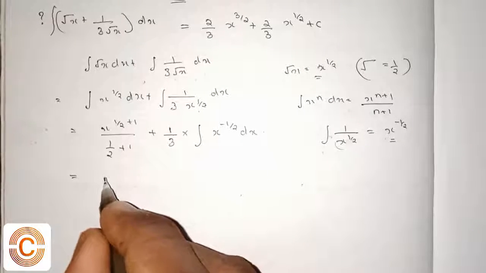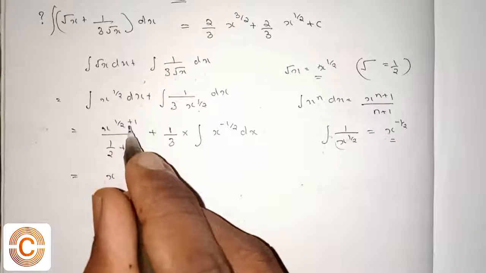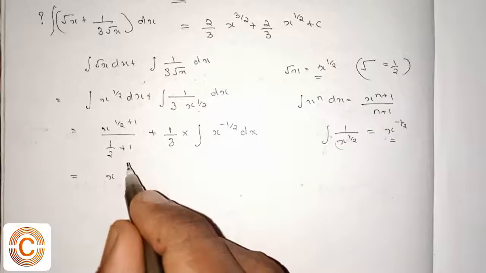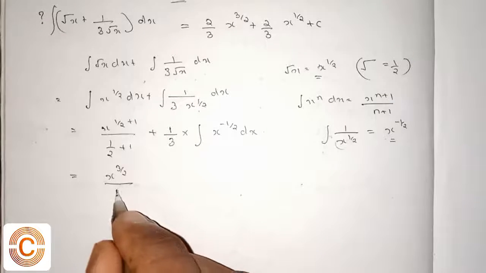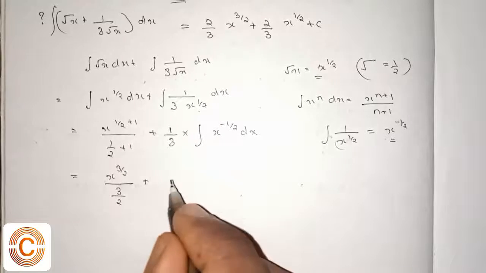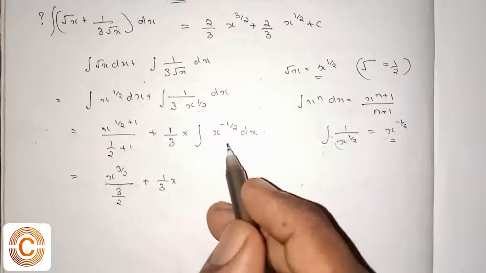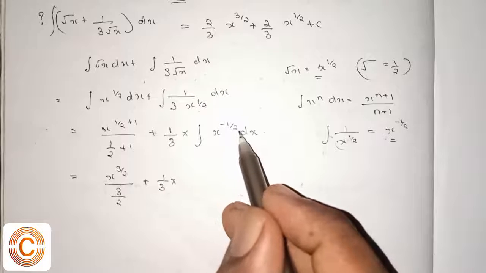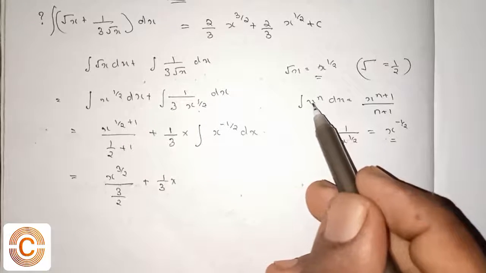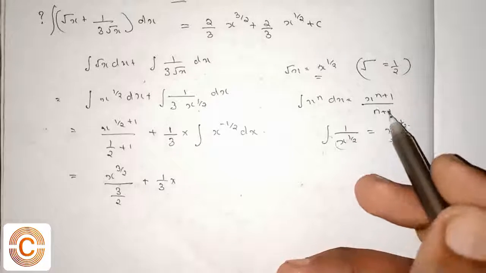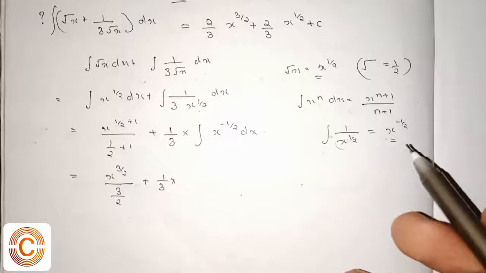So here we get x raised to 1 by 2 plus 1, which is equal to 3 by 2, divided by, in the denominator also 3 by 2, plus 1 by 3 into integral of x raised to minus 1 by 2 dx. So we can apply the previous equation, that is integral of x raised to n dx is equal to x raised to n plus 1 divided by n plus 1.